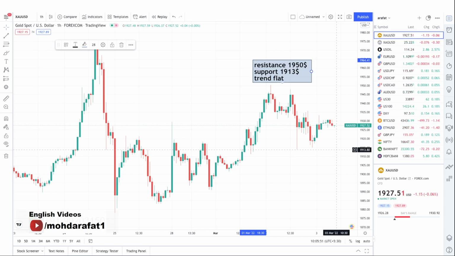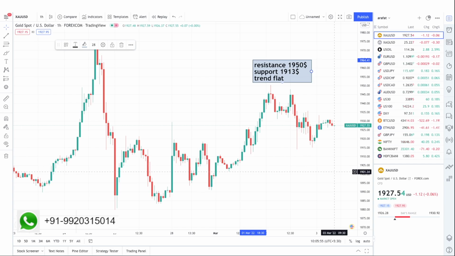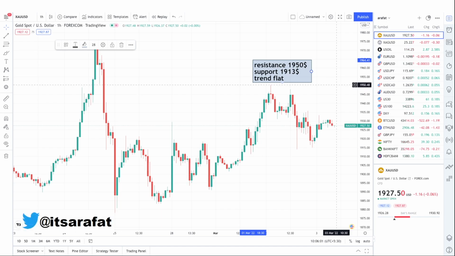If gold breaks and sustains below this support, then expect 1901 and 1890. Resistance at 1950. Above this resistance, expect 1970 and 1980. Currently, gold is in a flat zone. Either side will trigger a fresh trend.